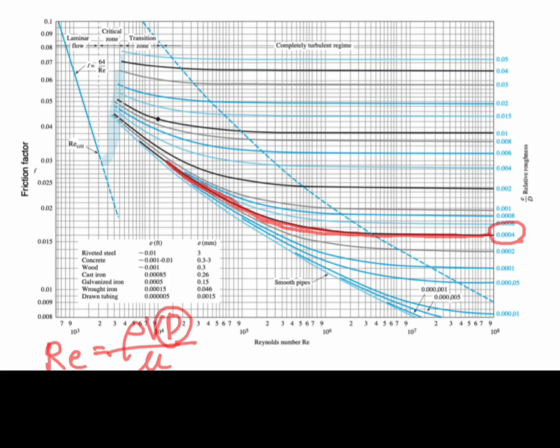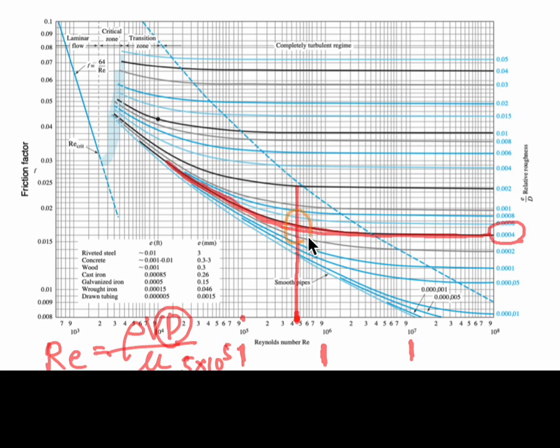For example, we have 10 to the power of 6, this is 10 to the power of 7, and this is 10 to the power of 5. Let's say we have 5 times 10 to the power of 5, so it is between here. Then you draw a vertical line until it intersects with the relative roughness.